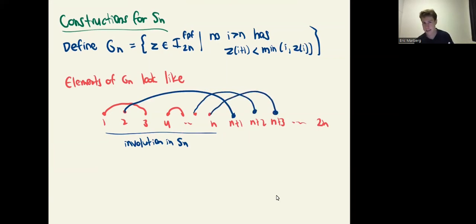And then if there are any numbers left over in this part, they just are adjacent cycles like this. So there's kind of an obvious bijection between the set Gn and just the set of involutions in Sn, except we turned everything into a fixed point free element by adding cycles in a particular way.